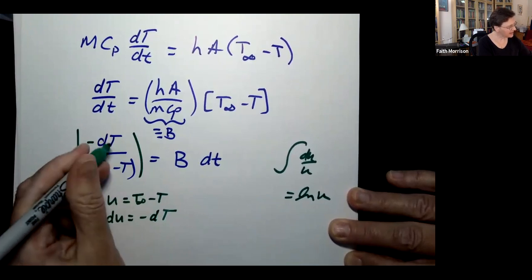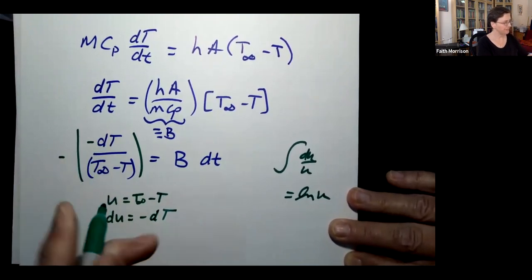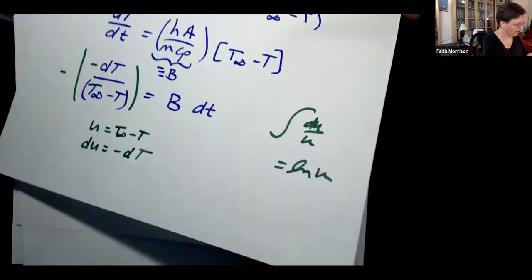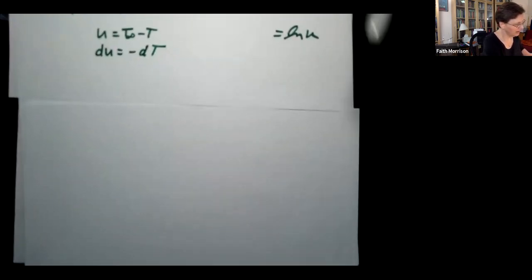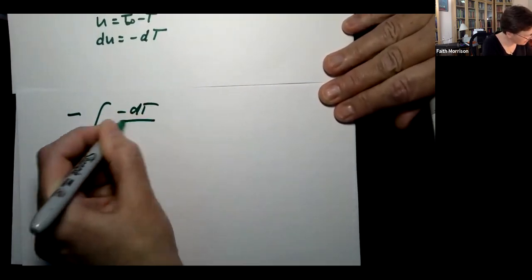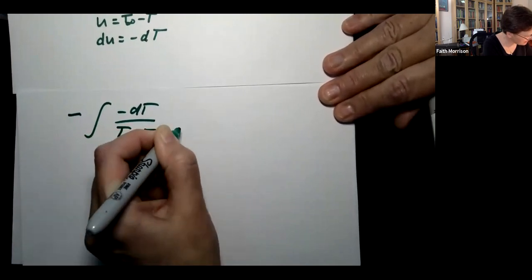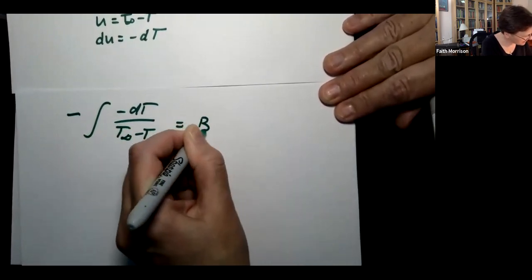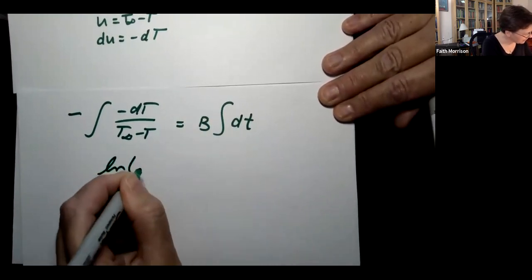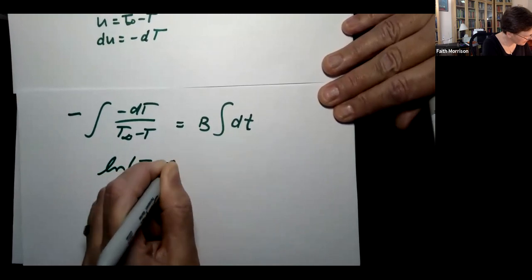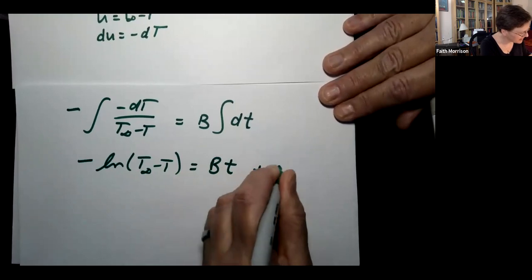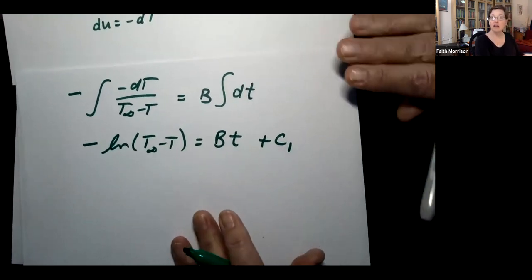And now this is du over u. So when I integrate, minus the integral of minus dT over T infinity minus T equals B times the integral of dt. So I get the natural log of u, the minus is on the outside, equals B times t plus a constant. Always add our constant of integration.